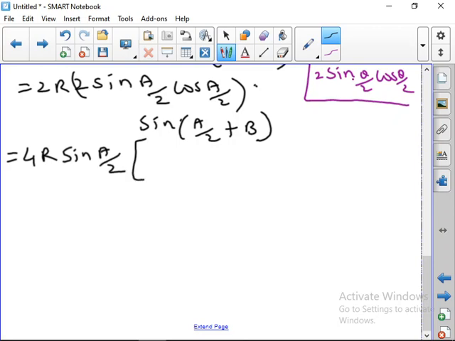We'll take cos A by 2 into sine A by 2 plus B.